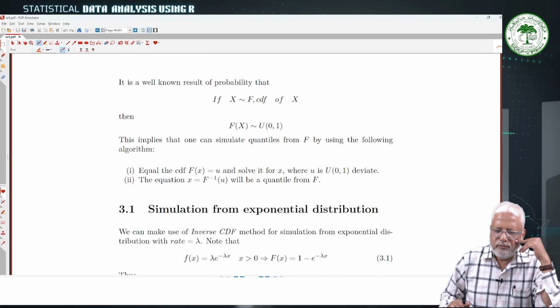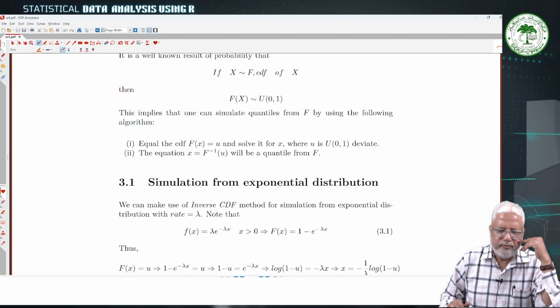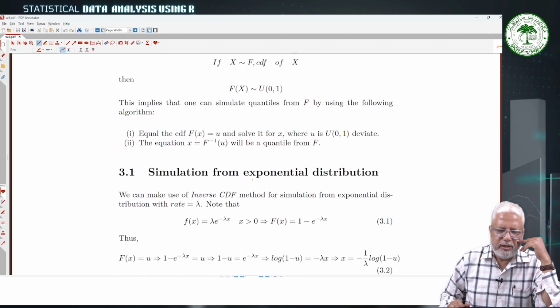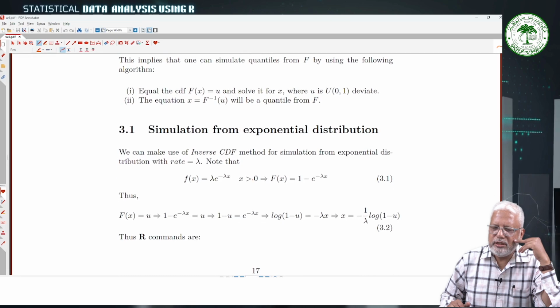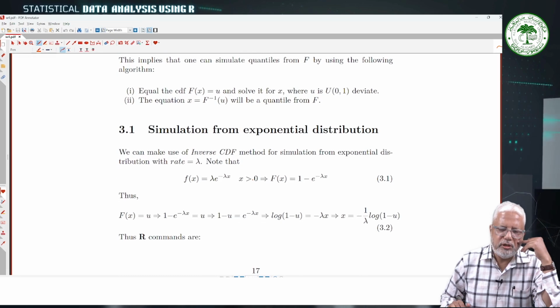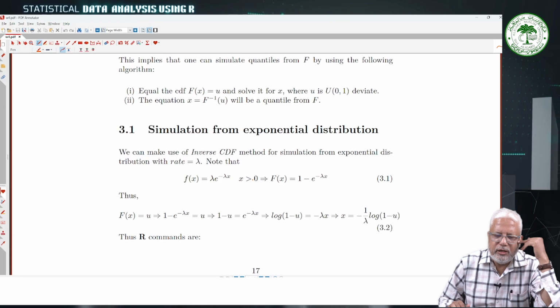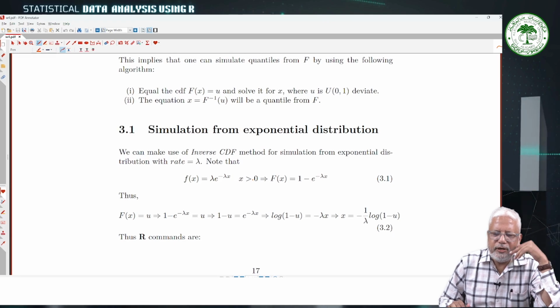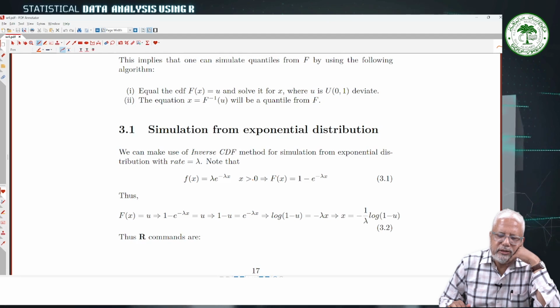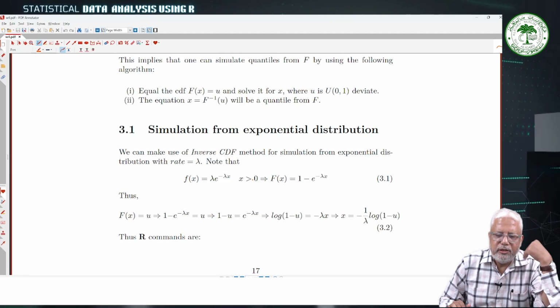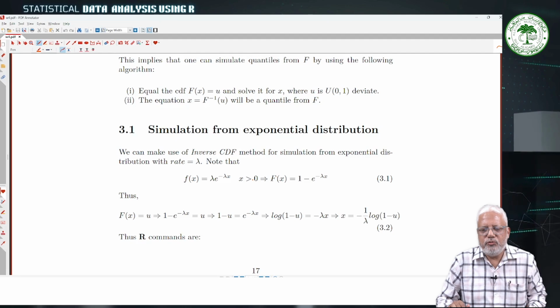Simulation from exponential distribution. We can make use of the inverse CDF method for simulation from exponential distribution with rate equal to lambda. Note that f(x) = lambda e^(-lambda x) is the PDF of the exponential distribution.